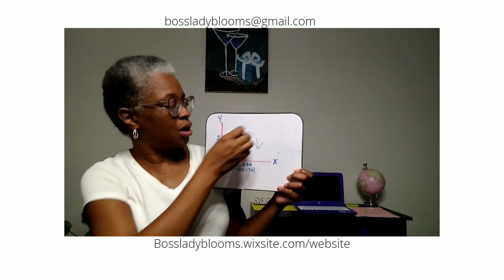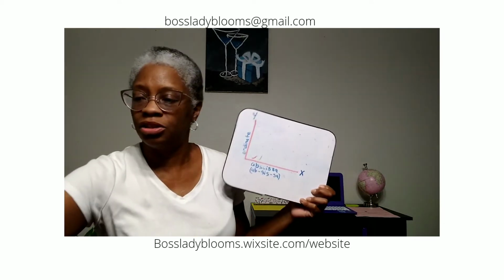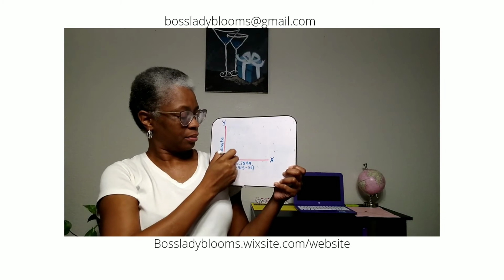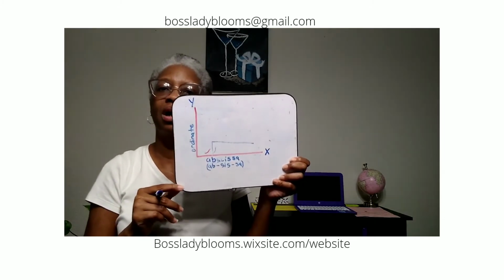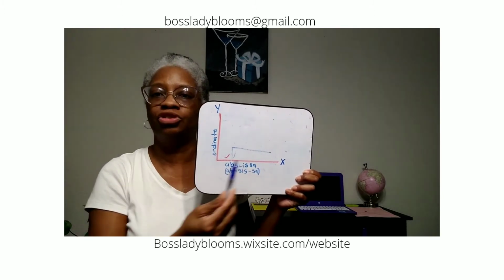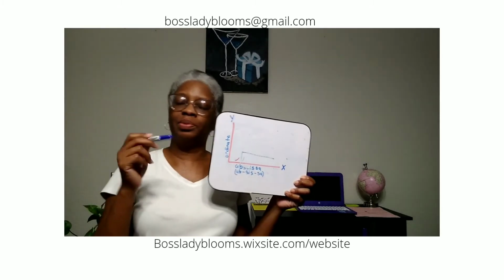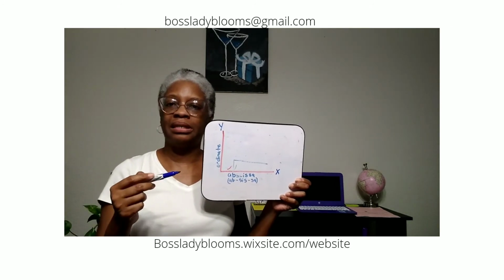So what happens if your line is just going straight across? That's a zero trend or a steady trend. Those words will be used interchangeably on your exam, so make sure you know that they mean the same thing.